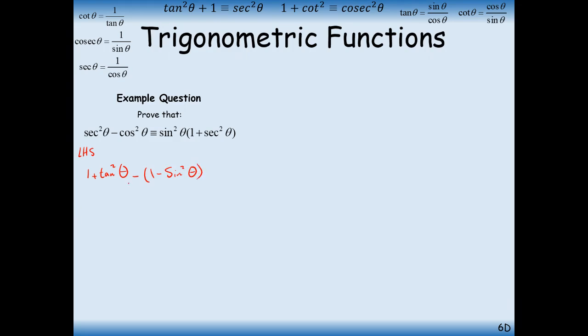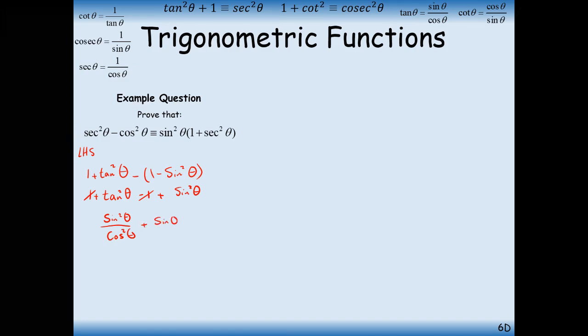Okay, distributing the negative sign into the bracket, I will have 1 plus tan square theta minus 1 plus sine square. Now, having done that, we can cancel away these ones. Tan square is sine square over cosine square, and we are going to add sine square to that.